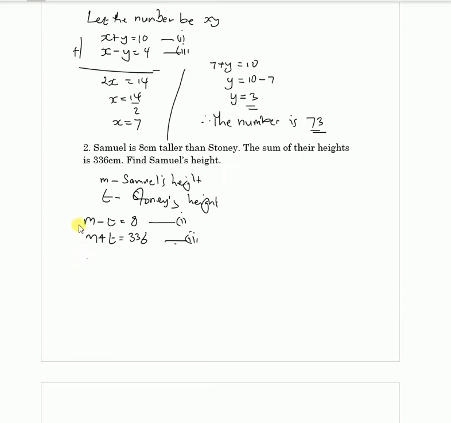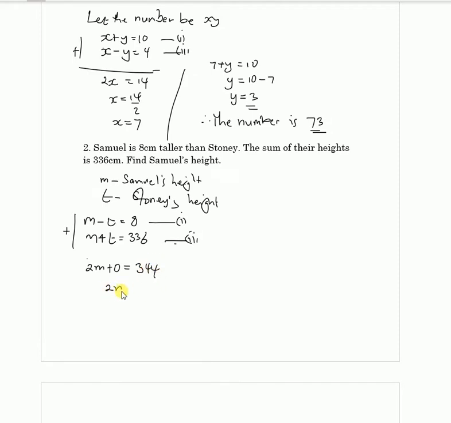We add these two equations because they bear the same coefficient. So we have 2M plus 0 equal to 336 plus 8, that one is 344.